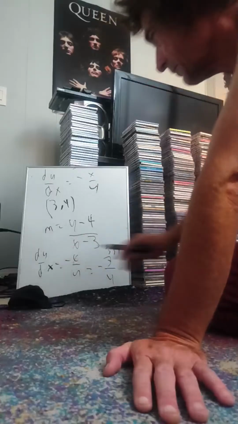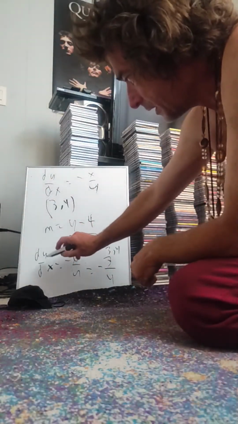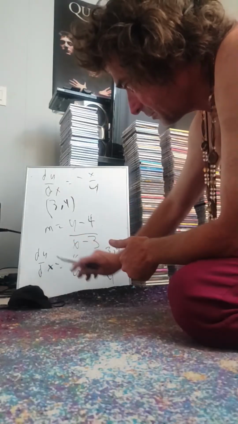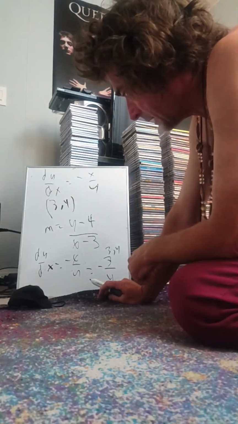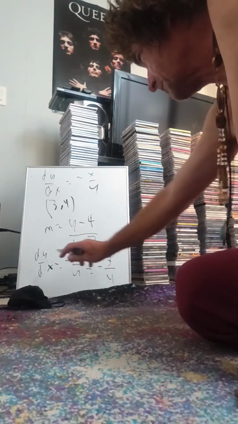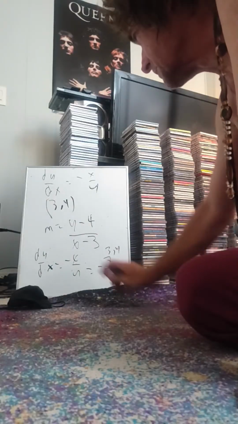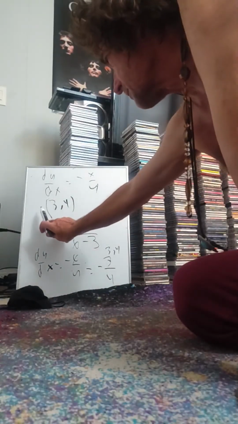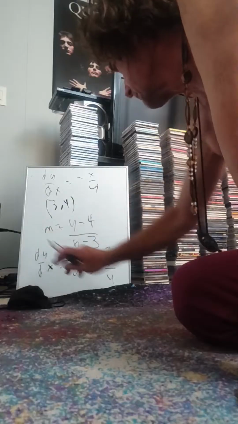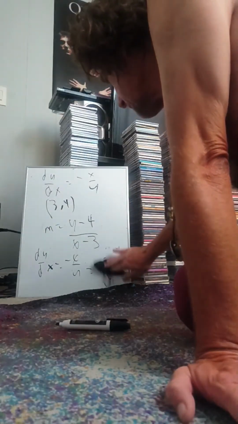The derivative dy dx, the slope, is equal to minus x over y, but x is 3, y is 4. So dy dx equals negative 3/4, which is m, the slope here. Fair enough? So now we have negative 3/4.